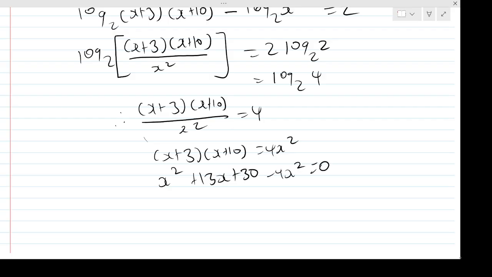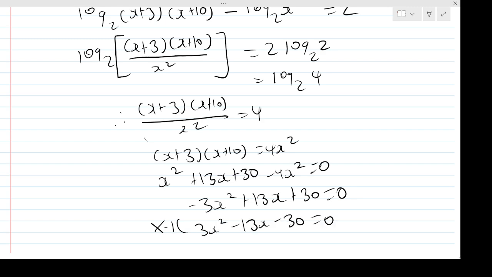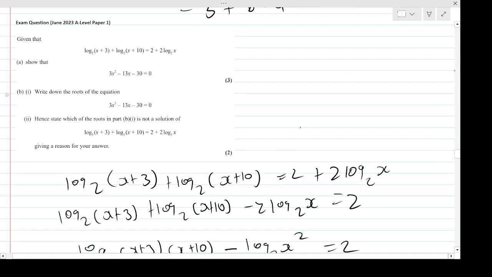Then if I simplify this, I get minus 3x squared, add 13x, add 30 equal to 0. But I don't like a negative in front of my x squared, so I'm going to times or divide by minus 1. It's the same thing. I'm going to flip all the signs to get 3x squared minus 13x minus 30 equal to 0, and that should be what they've got.